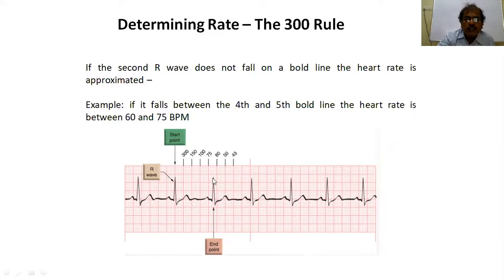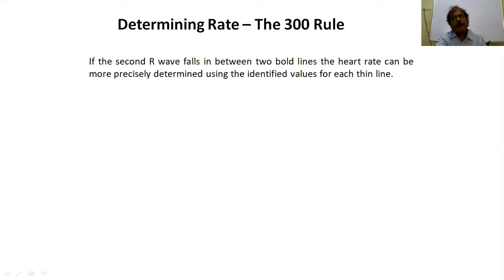If it falls between the fourth and fifth bold line, the heart rate is between 60 and 75 beats per minute. Now, if the second R wave falls in between two bold lines, the heart rate can be more precisely determined using the identified values for each thin line.